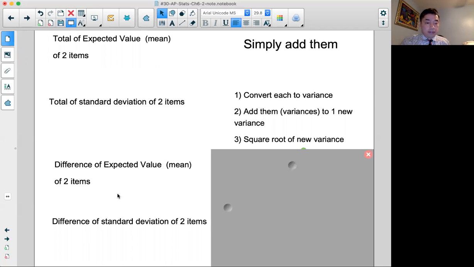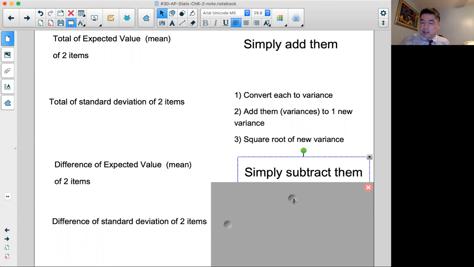Difference of the expected value, so difference of the mean: you just simply subtract them, one from the other. For the difference of the standard deviation of the two items, you do the same treatment that we did for the standard deviation of two items.